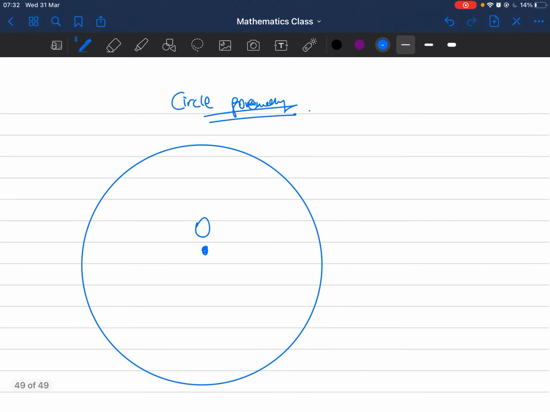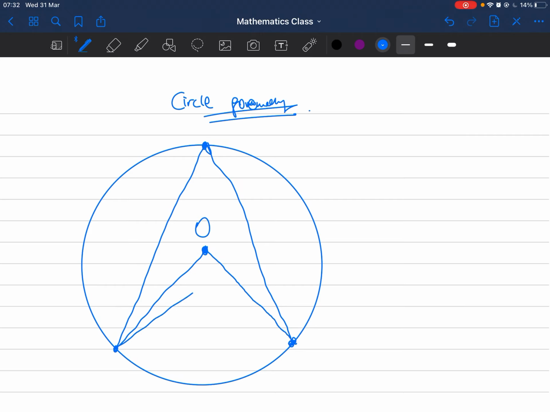You have a couple of things going on here. You have a point, and then you have a chord that goes from here to that point, and another chord that goes from that point to this point. You have another chord from this point into your center, and another chord from this point to your center, and other points on the circumference.